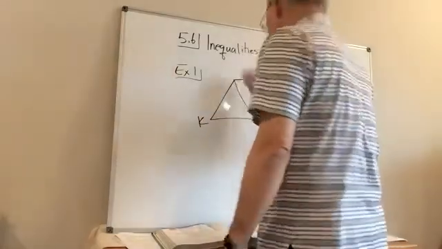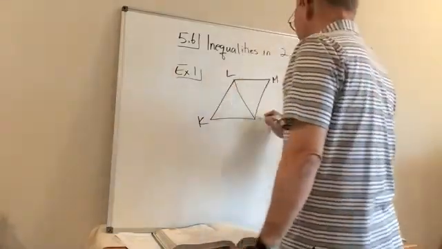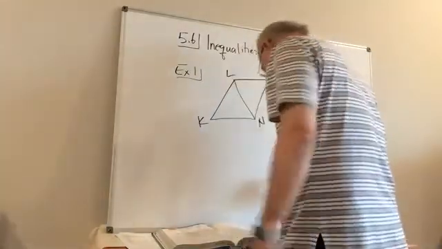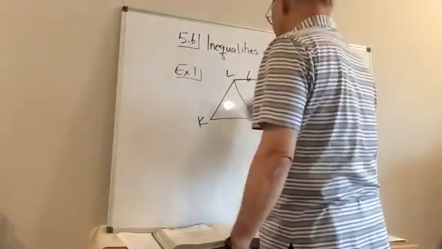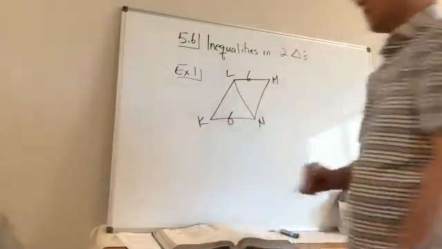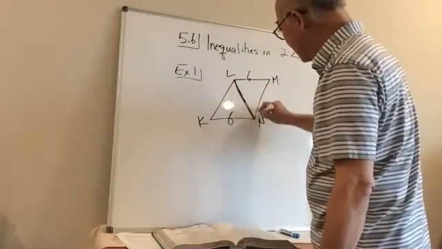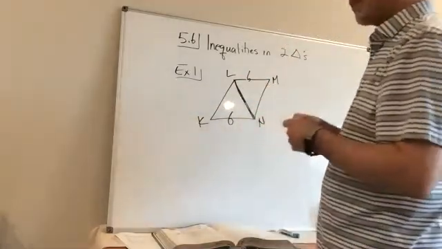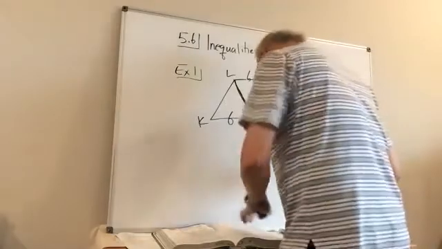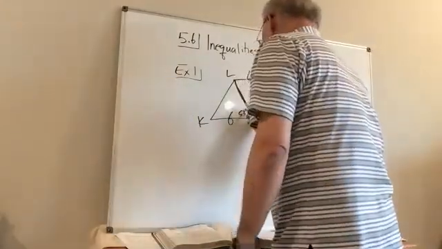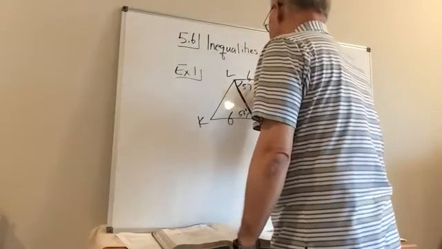Next one, we have K, L, M, N, and this is 6, this is 6, and it shares this side. So again, we have a hinge going on here, and we have 53 degrees and 57 degrees.